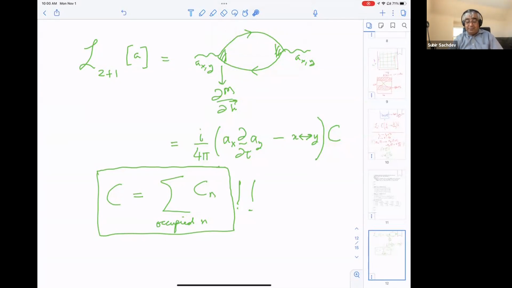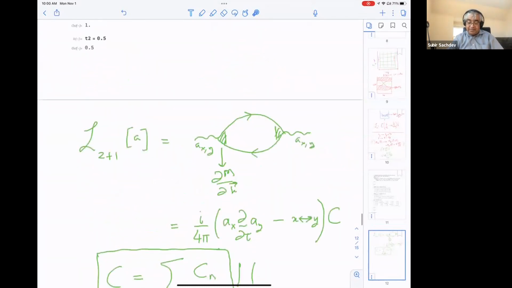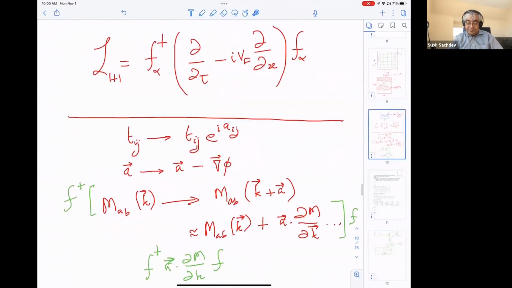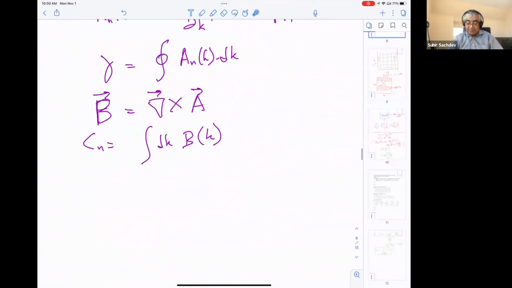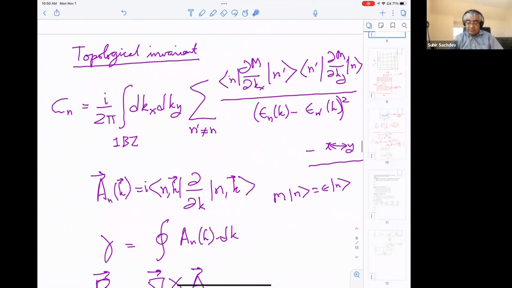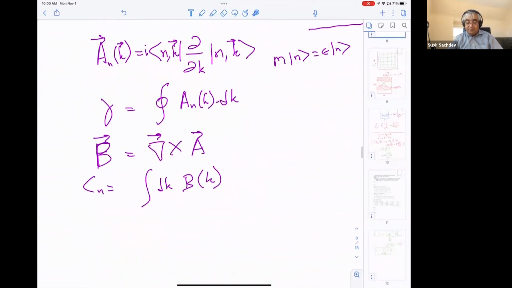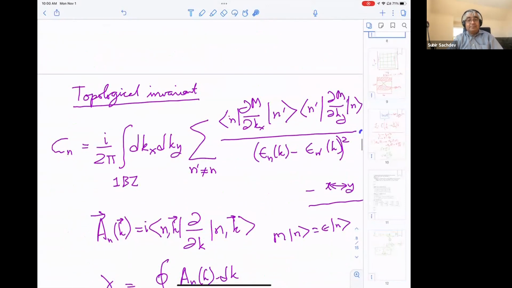You just evaluate the one loop diagram, nothing more complicated than that. Then you evaluate it for small frequency, and lo and behold, you get this answer. You will get exactly, from the Kubo formula, the expression that appeared here in the Chern number. It will just appear exactly from that one loop diagram.